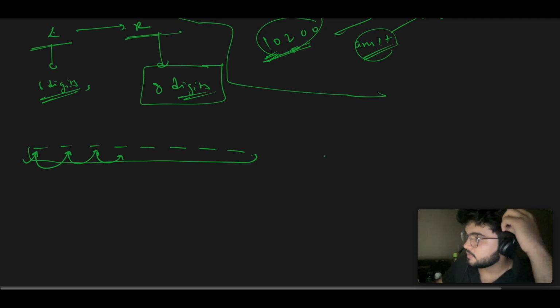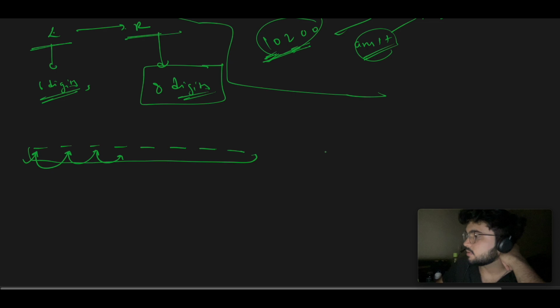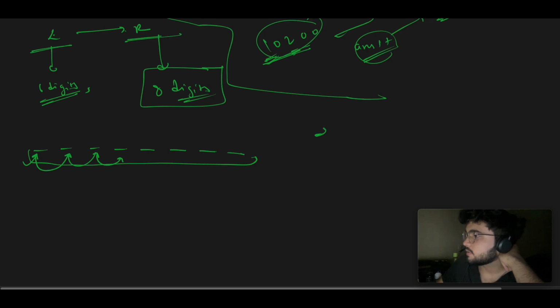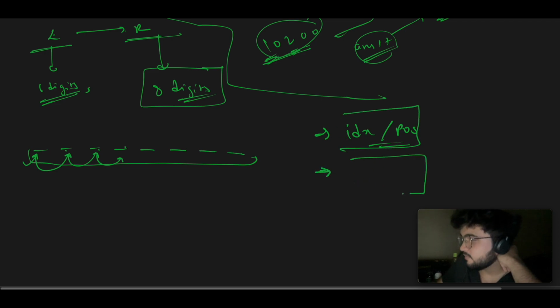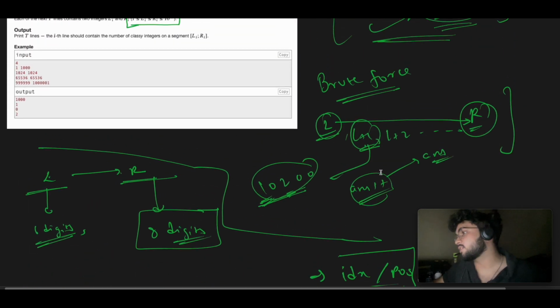We have three important states in this DP. One is index or position, basically. We are moving from one digit to the other digit. Second is any variable that is related to the property. What is the property that we need to satisfy?